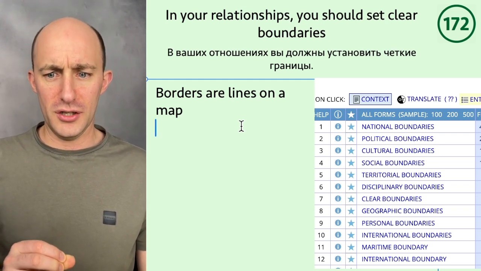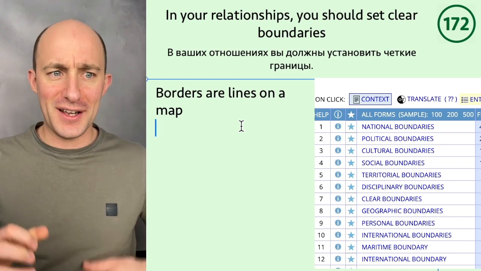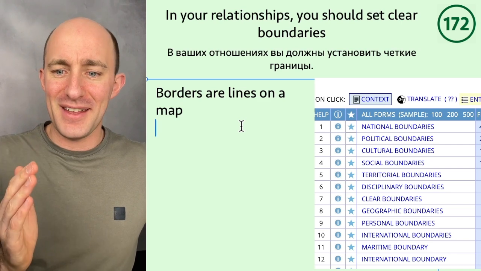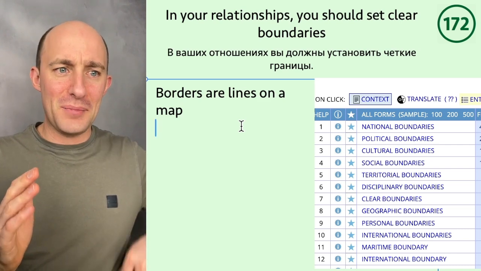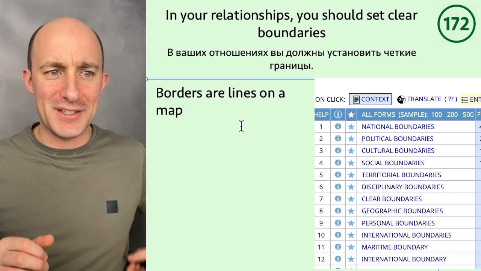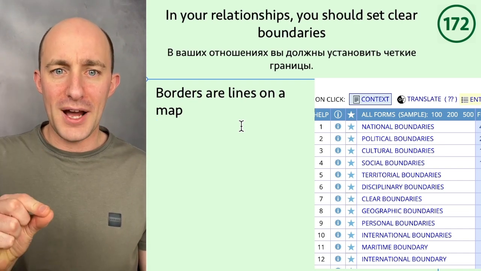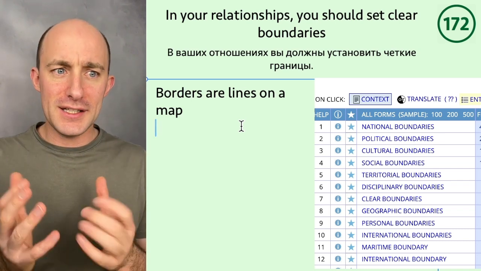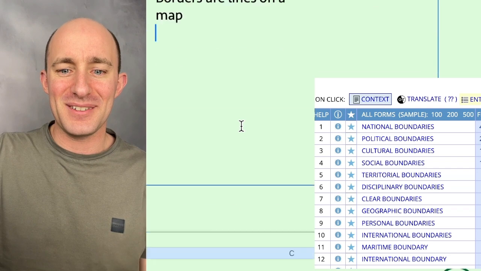Political boundaries, cultural boundaries, geographic boundaries. But they're not really lines on a map if they're geographical boundaries. They're more like a space between two countries. So boundaries is границы, but not lines on a map.